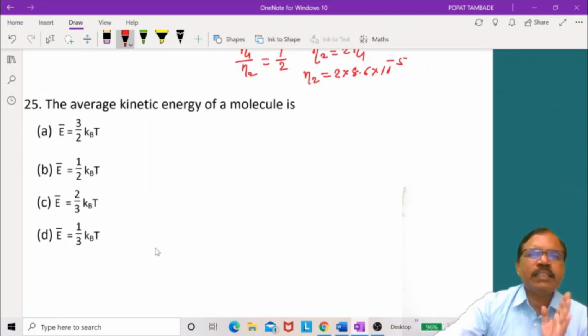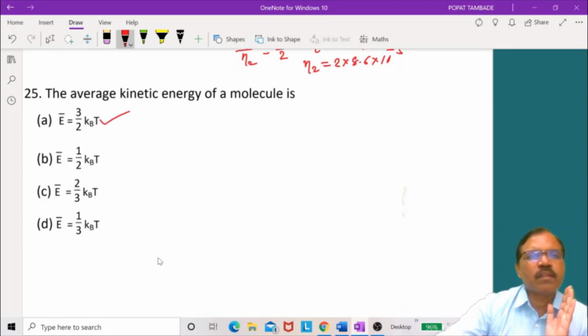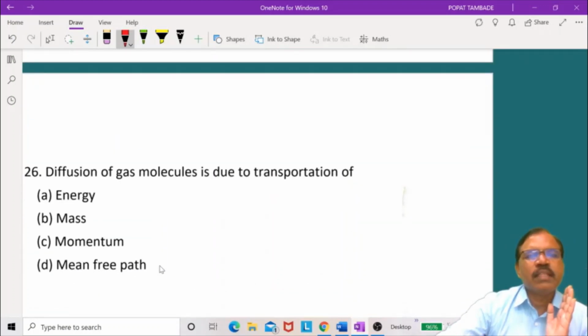Now the average kinetic energy of molecules is E bar is equal to 3 by 2 kBT. So this one is correct. Now last one. The diffusion of gas molecules is due to transportation of mass.